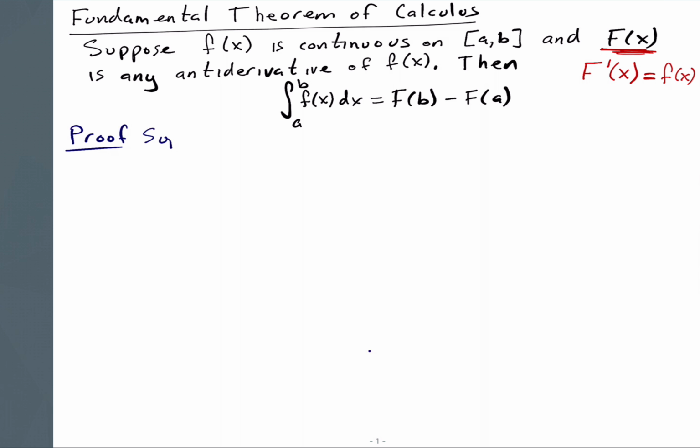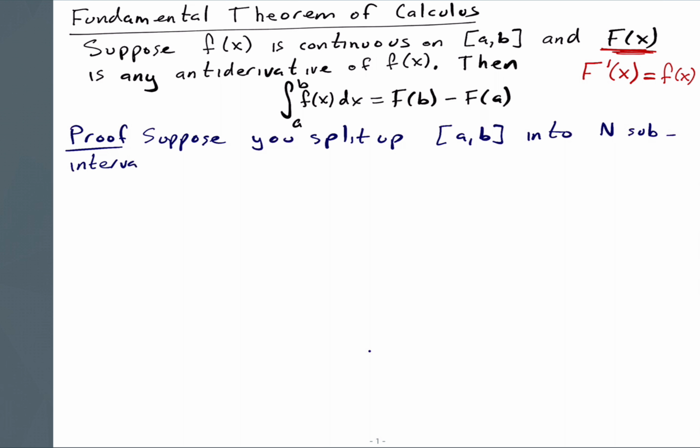So suppose you split up the interval a to b into n subintervals, just like what we did when we split up the area underneath the curve into rectangles. And so we'll write it like this.